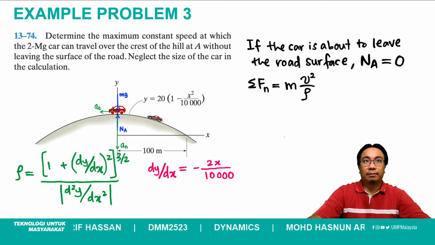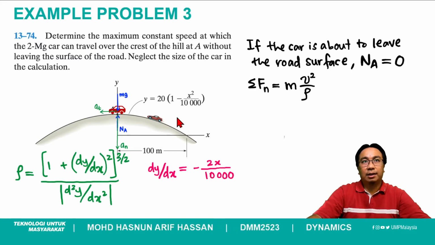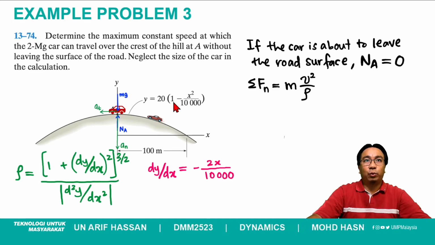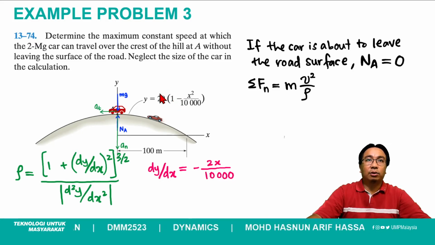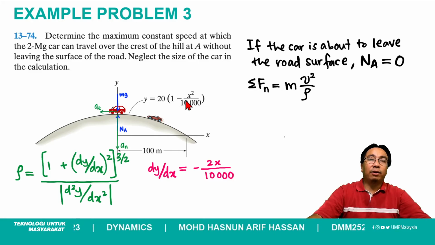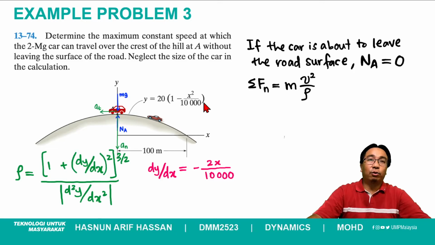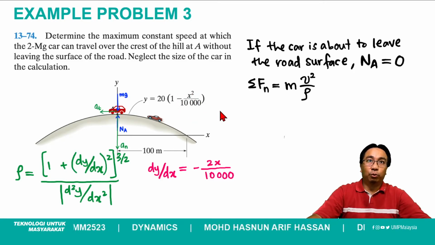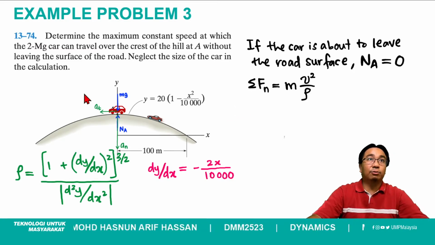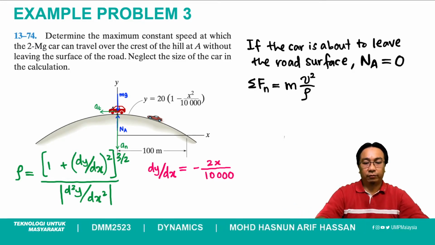Right? Right, sir. Okay. Oh, I think my answer is wrong. So, dy dx of 20 is 0. And then you have dy dx of 20x square over 10,000. So you will get 2 times 20, which is 400 divided by 10,000. So, 1 over 250?